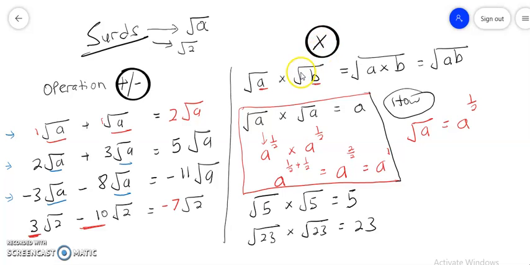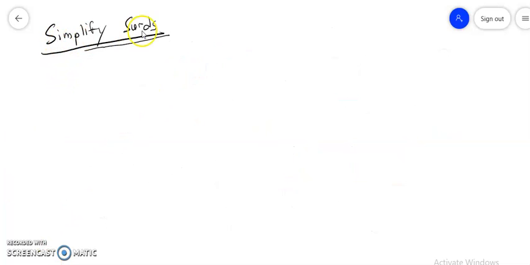Now we are going to combine the operation involving addition and subtraction and the operation involving multiplication. We are going to combine these in this next slide. Now we go to simplifying surds.